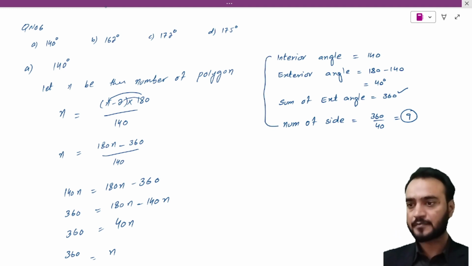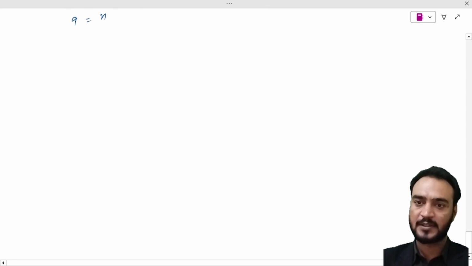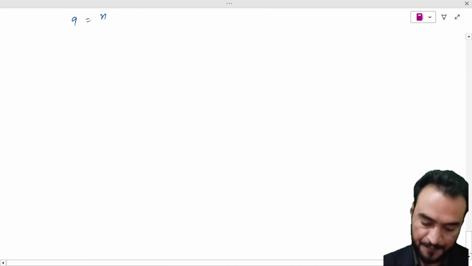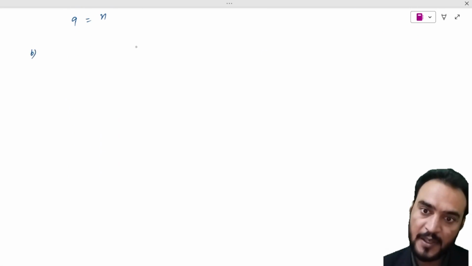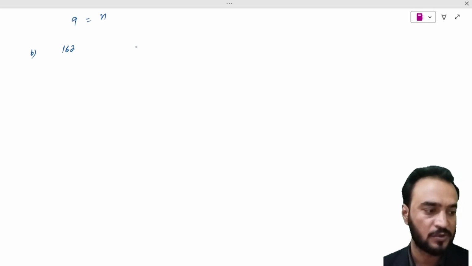So now we will solve the other parts B, C and D of this question, and part B is 162 degrees. This is the interior angle. We have to find the number of sides of the polygon with the interior angle equal to 162 degrees.